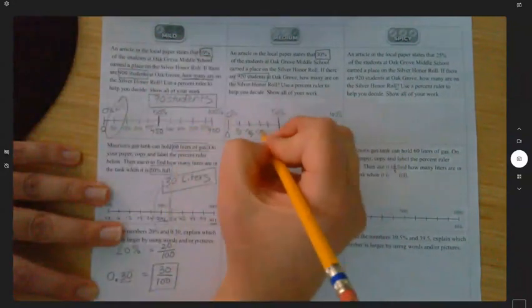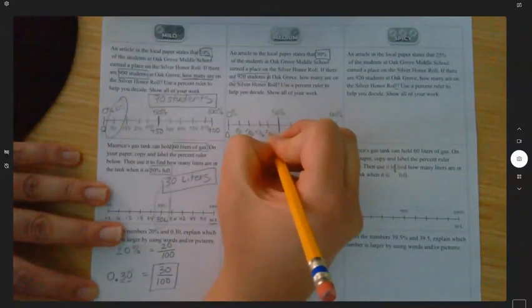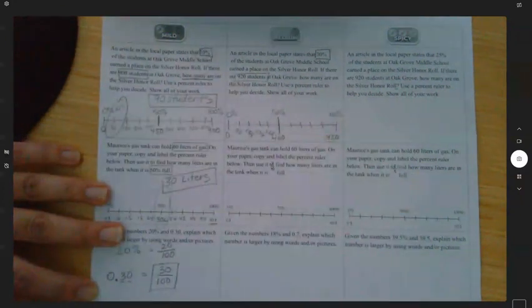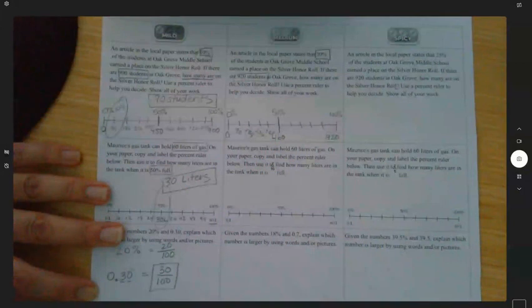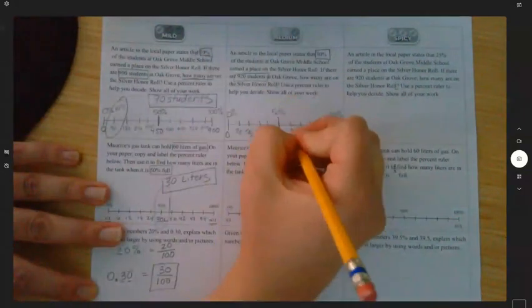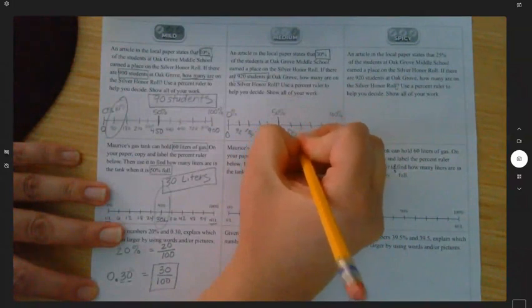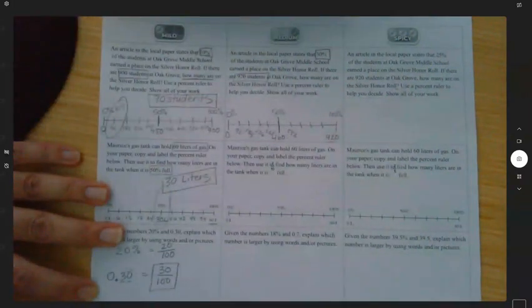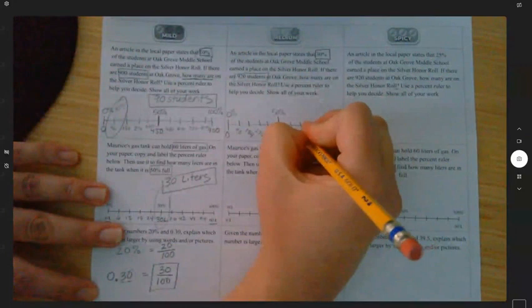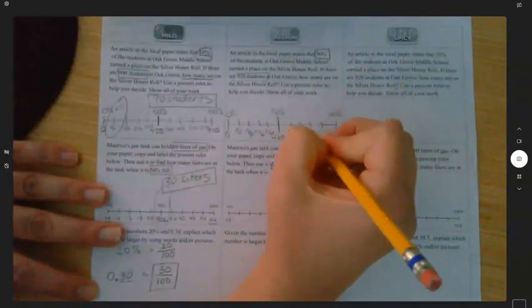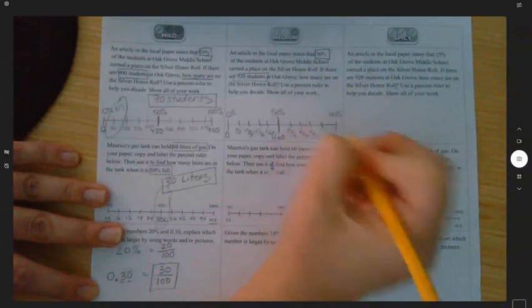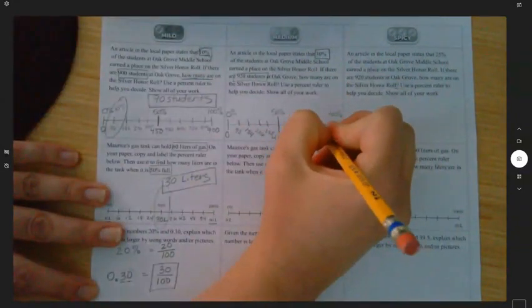The next would be 368. We have the halfway mark, which is 460, plus another 92, which is 552. Next is 644, 736, and 828.